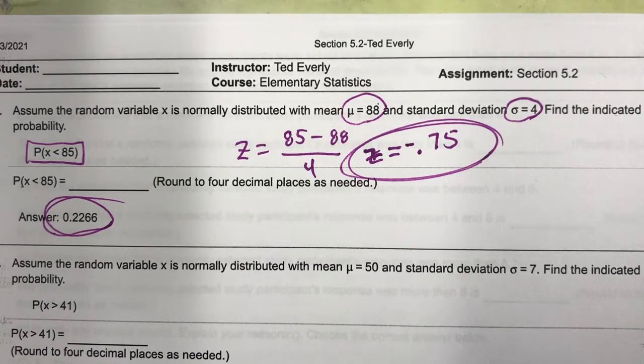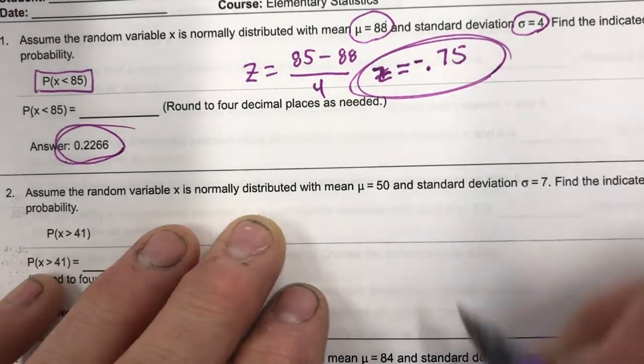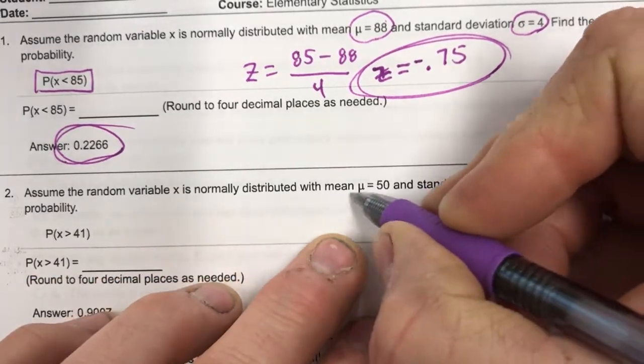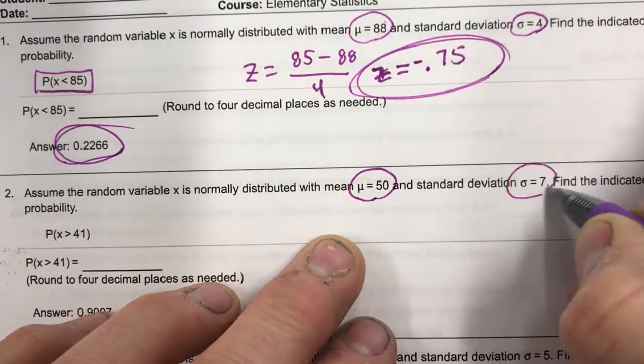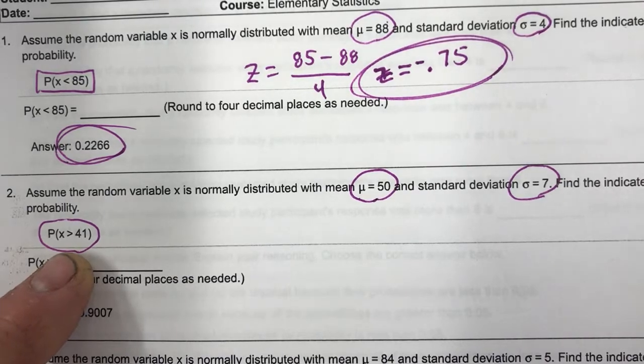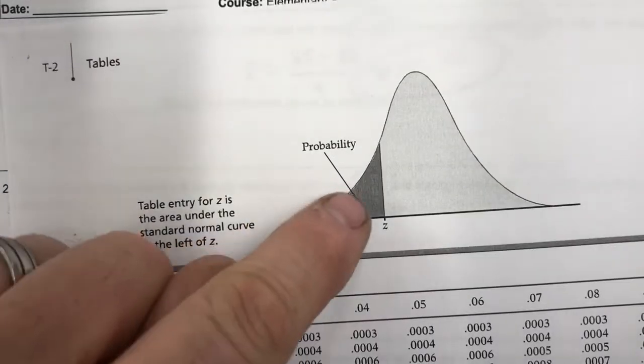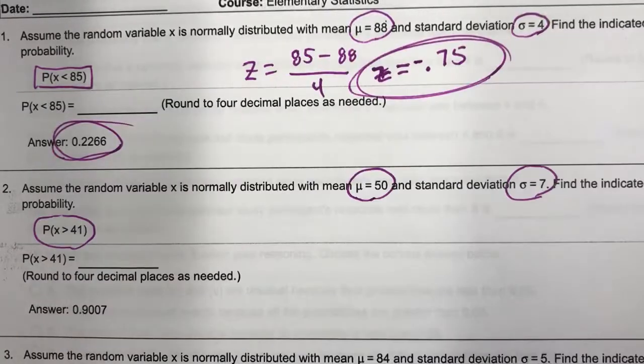Okay, let's do number 2. Assume the random variable x is normally distributed with the mean. There's my mean, and here's my standard deviation. Find the indicated probability. All right, what's the probability that x is greater than 41? All right, greater than, which means the table is less than, so I'm going to have to subtract it from 1 when I get this done.